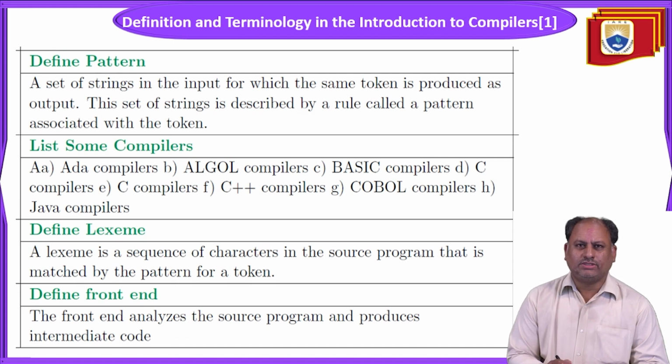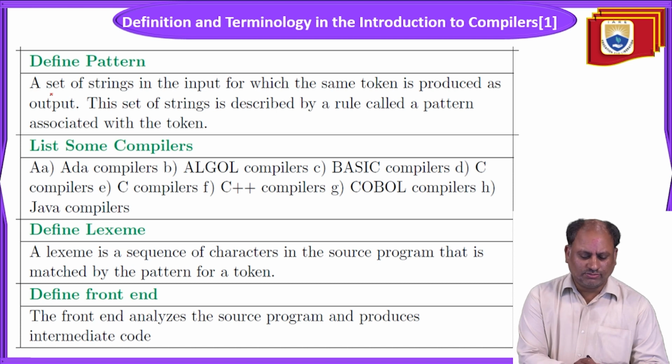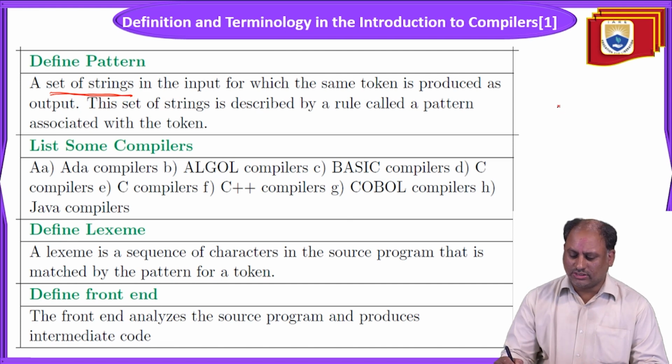And pattern: previously we defined a stream of characters. Now these characters are formed as a group of words. These words are considered as strings. Each word is one string, and the small individual units of words together form this set. So we get several strings.